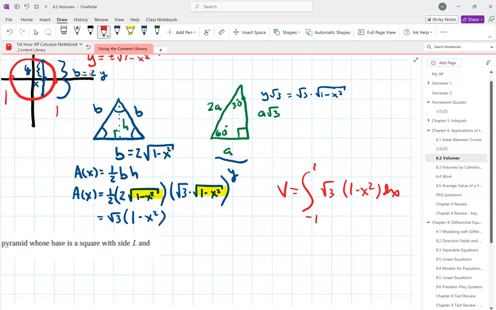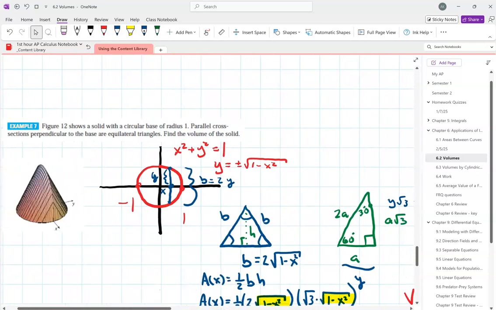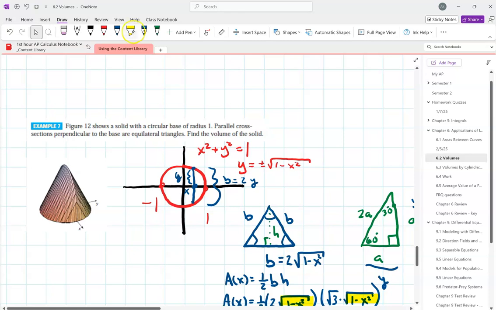Does that feel okay with the setup? Because the volume integral is always just the integral of the area function dx. And the problem told us the area formula that we needed. It told us that the shape was an equilateral triangle.